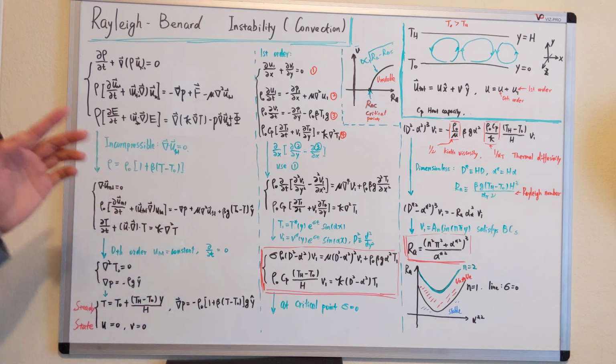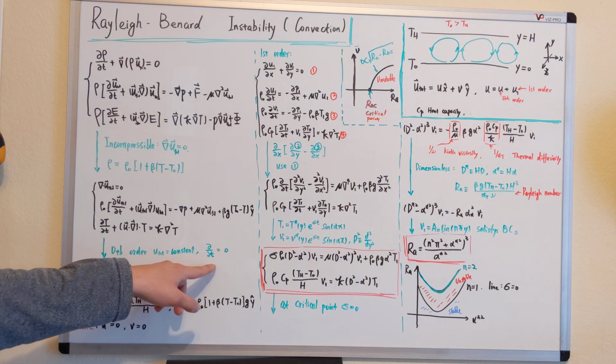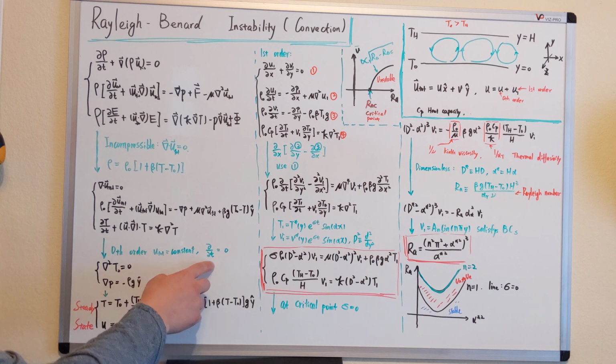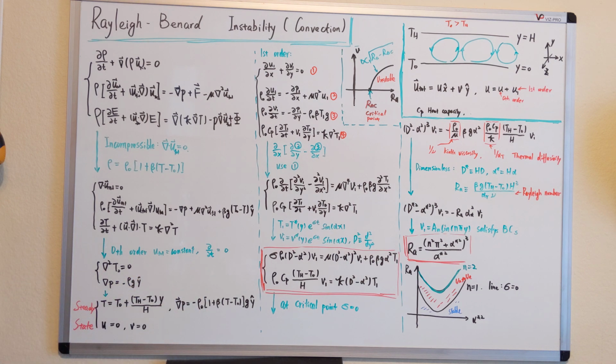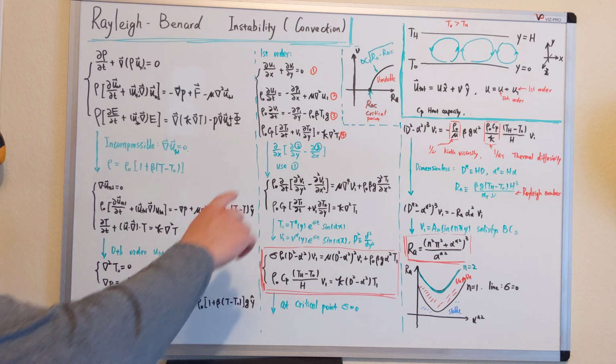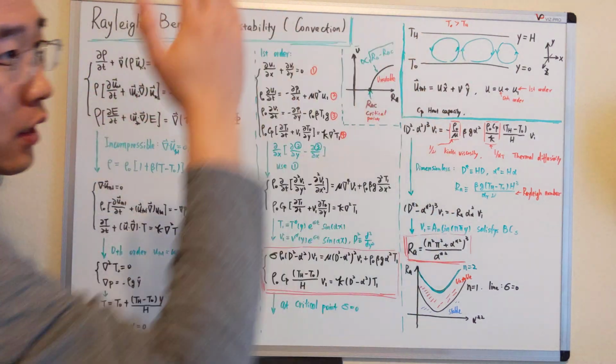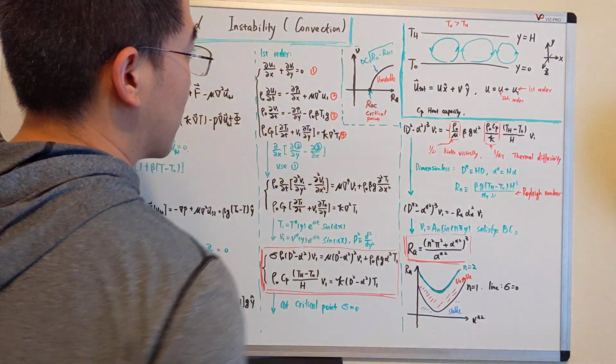Anything is steady, so there's no change over time, so d over dt is 0. We'll have this expression, and solving it is trivial: the velocity is 0 at steady state, and the temperature is just a linear profile from here to here.